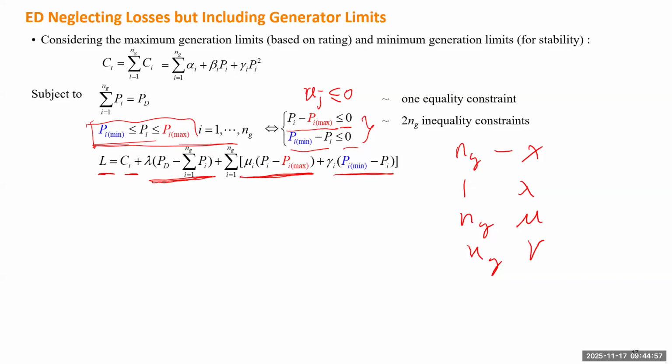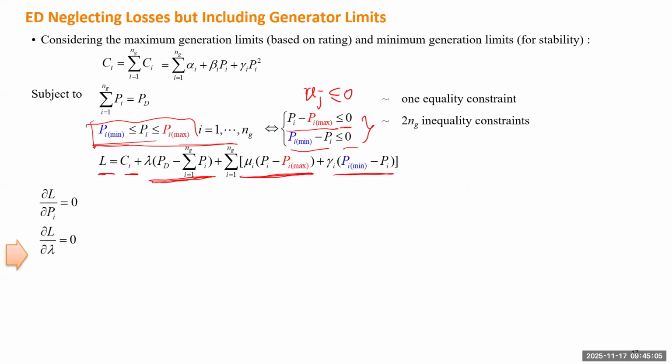Then we need to calculate the gradient vector for the L function. First, let's calculate the elements with respect to P and lambda. Those have to be 0. There's no room to negotiate.